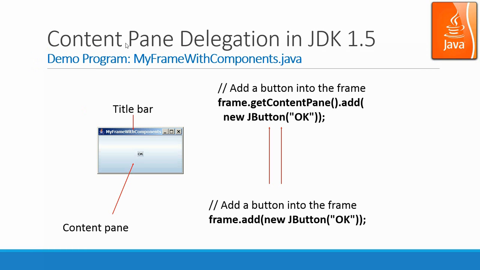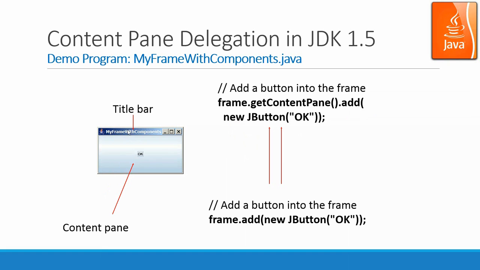For the top level frame or applet, you will have a content pane, as we showed in the previous lecture, which is one of the layers of the frame. For the frame, you can get the content pane, which returns a pointer to the content pane, and then you add the button in there.